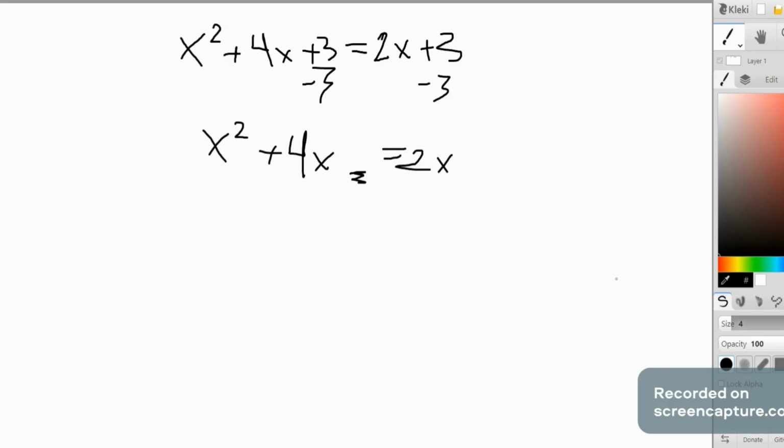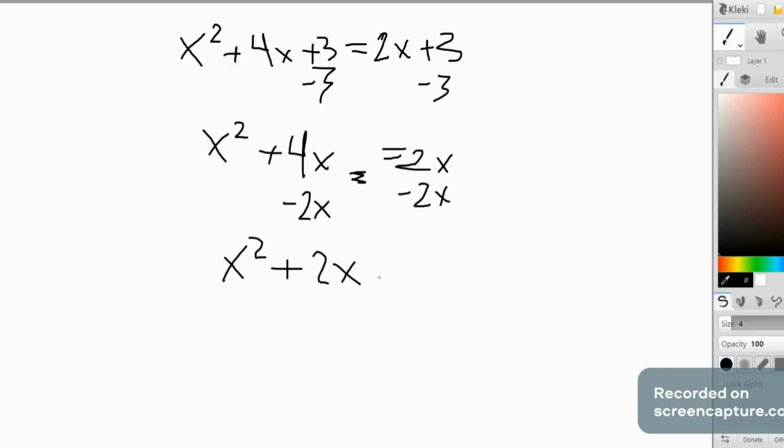So now the next thing we're going to do, we still have this 2x. What are we going to do with the 2x? Well, we're going to do the same thing. We're going to subtract 2x from both sides so we can get 0. Subtract 2x, which is going to give us x squared plus 2x now, since 4 minus 2 is 2.